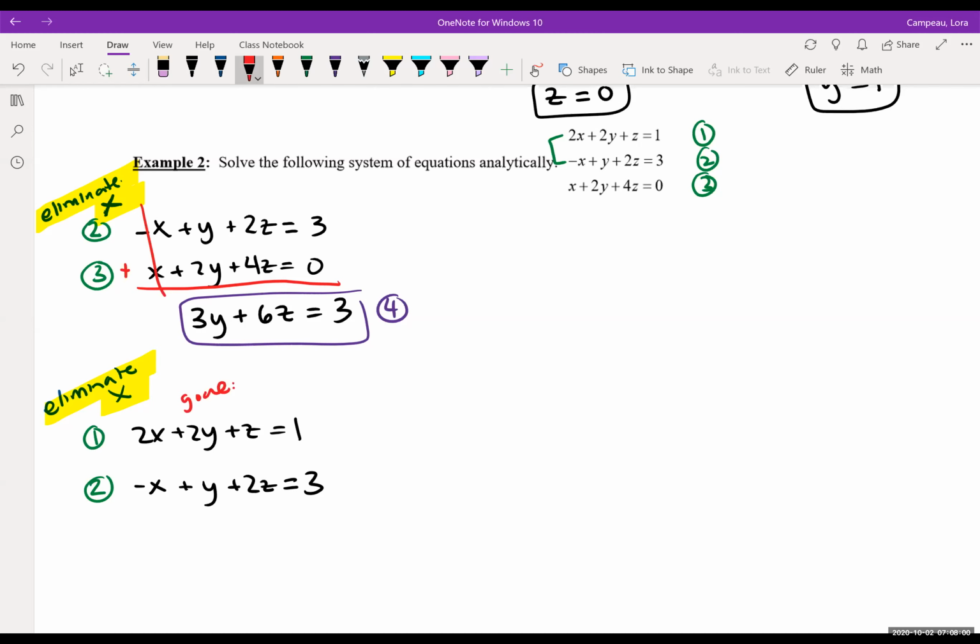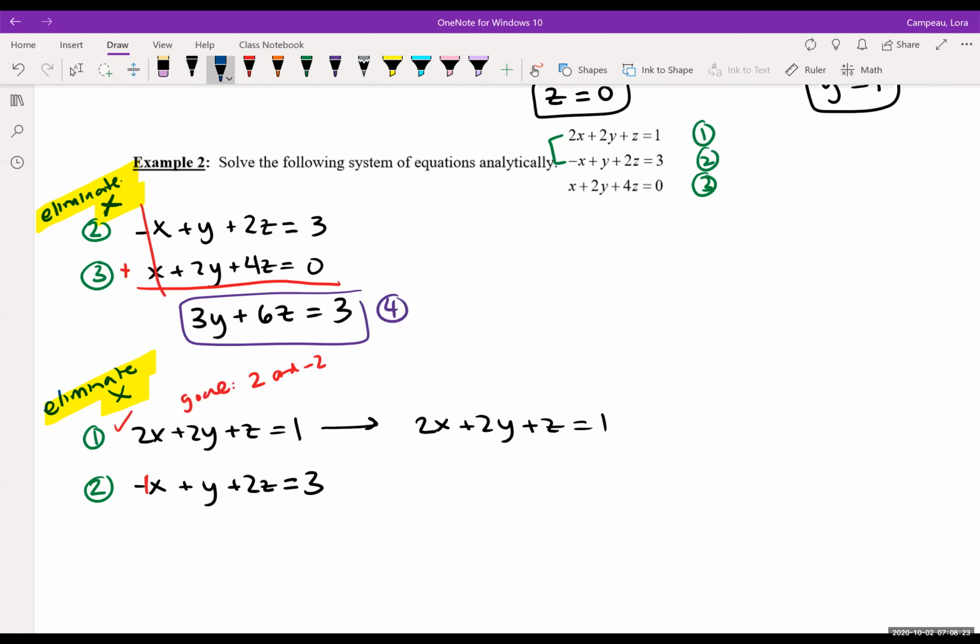So in our case right now, we have a 2 and a negative 1. So our goal would be to find a positive 2 and a negative 2 to be as the coefficients. So equation number 1 is good to go. We can write that over again. It already has a positive 2x plus 2y plus z equals 1.